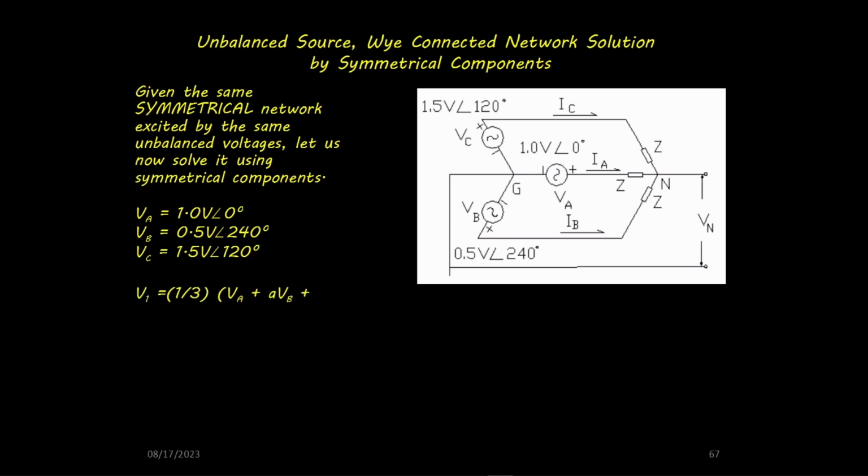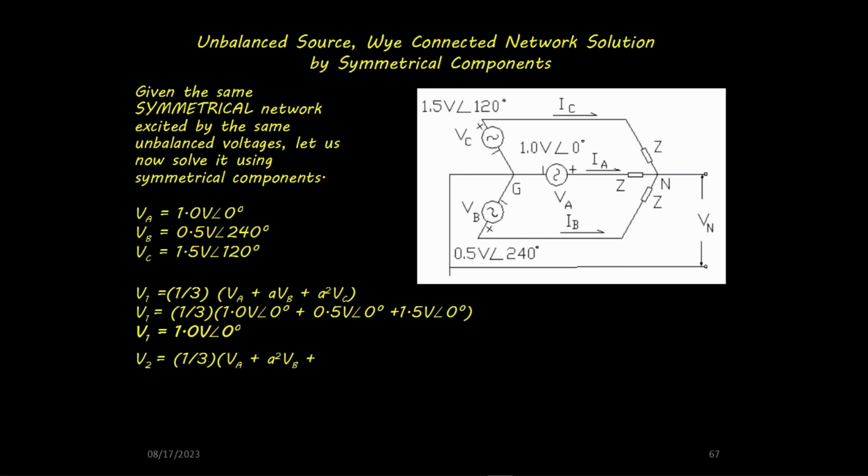V1 equals 1/3 the quantity VA plus A times VB plus A squared times VC. V1 equals 1/3 of 1.0 volts at 0 degrees plus 0.5 volts at 0 degrees plus 1.5 volts at 0 degrees. Adding terms, V1 equals 1.0 volts at 0 degrees.